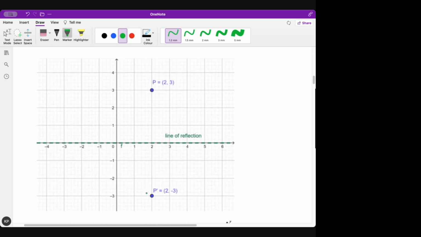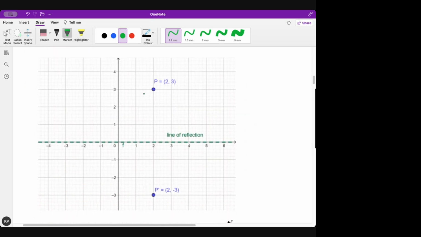So this is what it will look like for point P if we're reflecting it. As we said, the line of reflection is where you are reflecting it. And apparently I can't draw a straight line. Let me fix how this thing is sitting. So in this case, your line of reflection will be the x-axis. And if you look here, your point will be the same distance from the line of reflection on both sides.